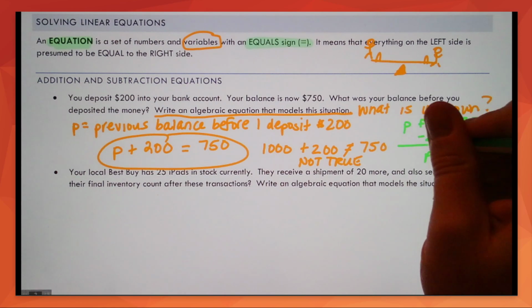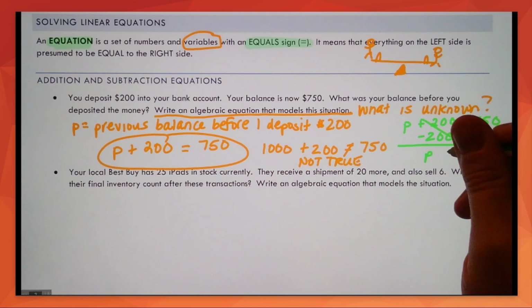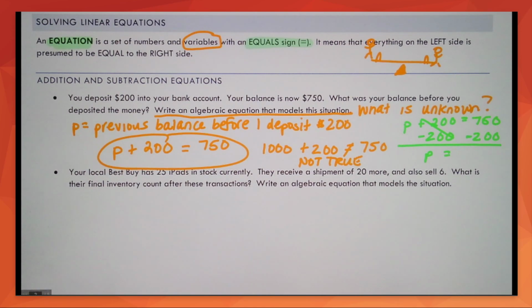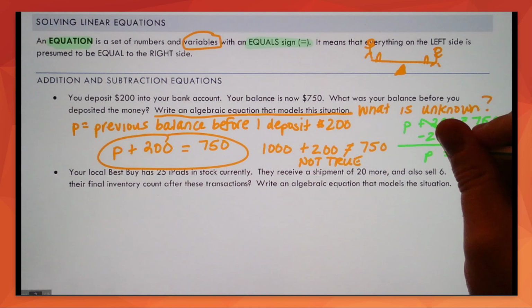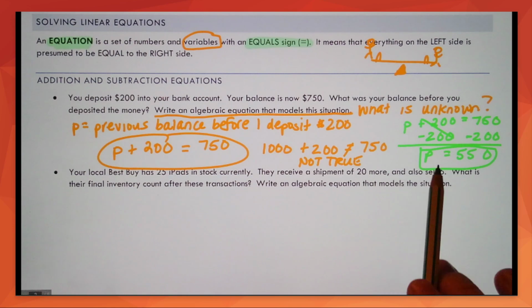And I'm going to draw a line because that helps me keep things step by step. And now I have P equals, well, what is 750 minus 200? It's $550. That is the answer. It's solved, okay? This is considered solved because I have found what P equals.